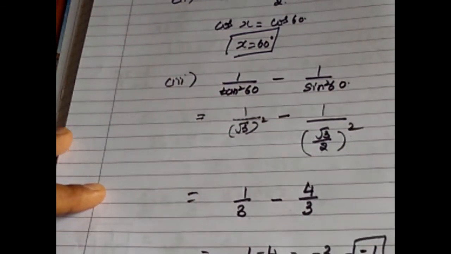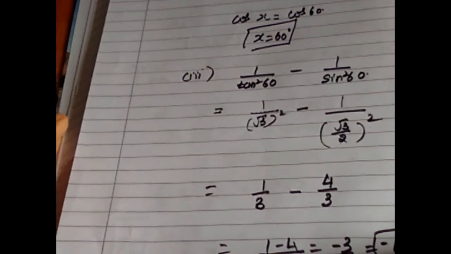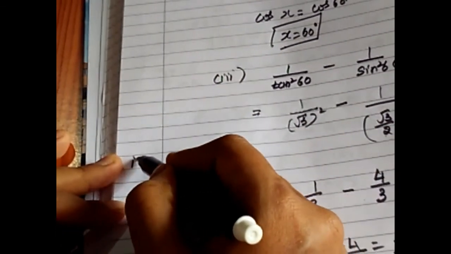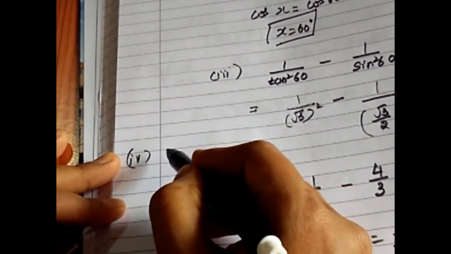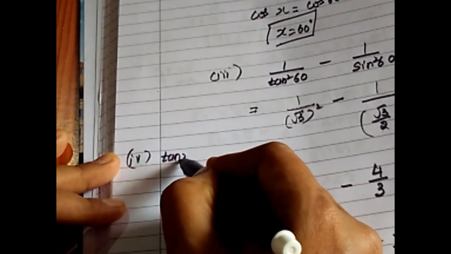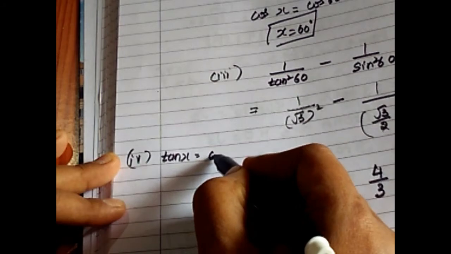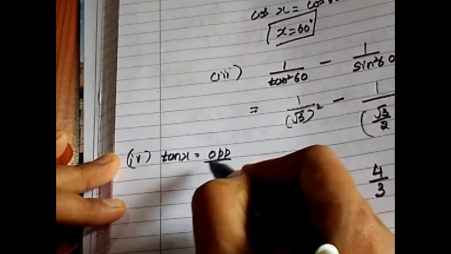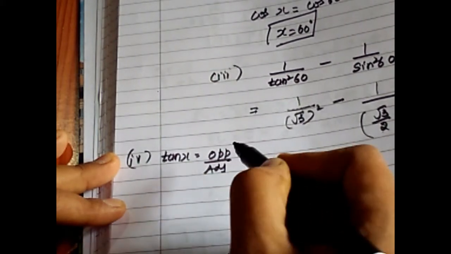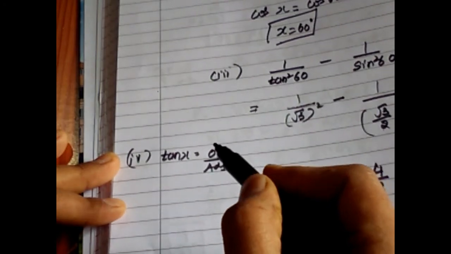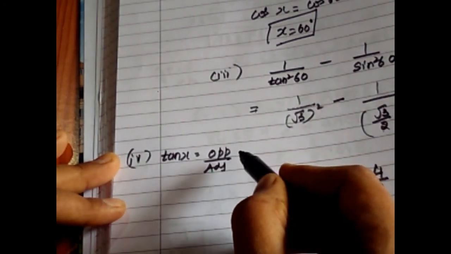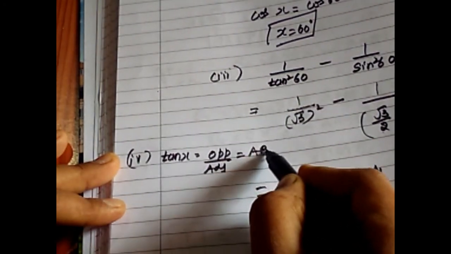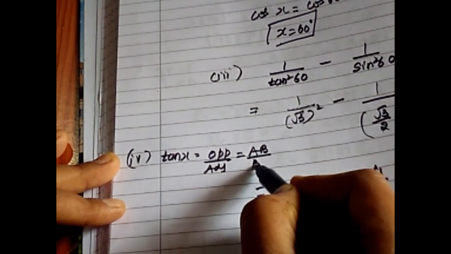Very simple one. Now one more is there to calculate, that is sub question 4, tan x. How to find tan x? What is the value of tan? It is opposite by adjacent. So which is the opposite side? Here the opposite side is AB and the adjacent side is BC.